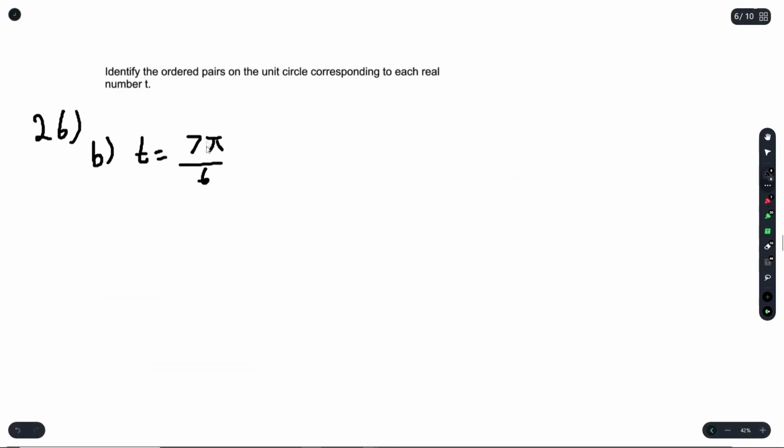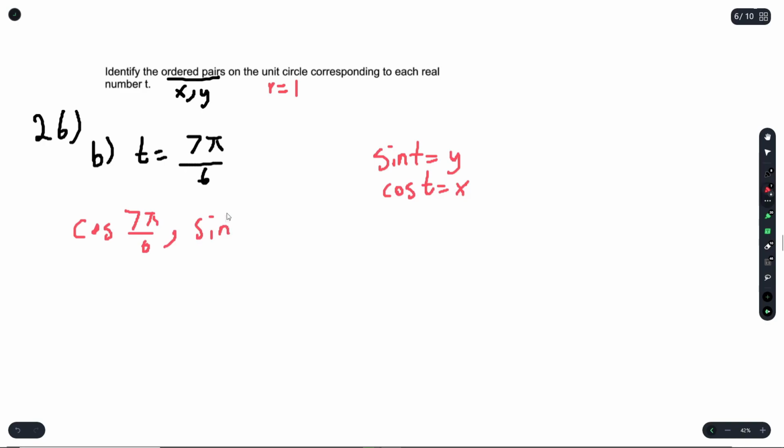Let's solve another one. So here again, identify the ordered pairs. So it's x and y on the unit circle, so the radius is 1, to each real number t. So sine of t is y, cosine of t is x, so it's cosine of 7 pi over 6, comma, sine of 7 pi over 6. Just use a calculator.